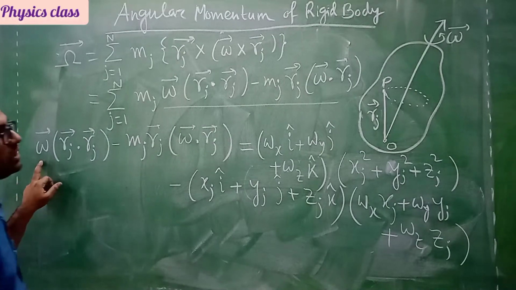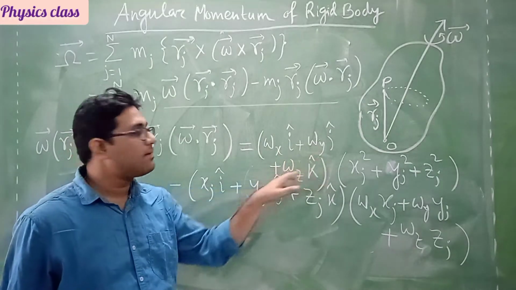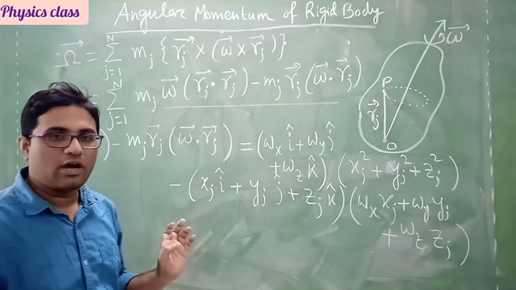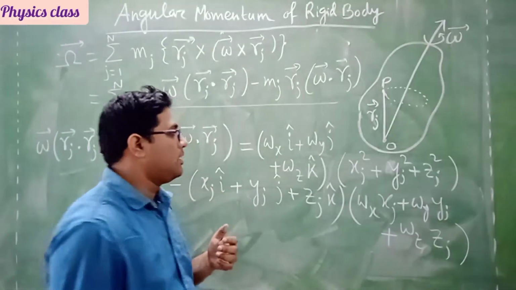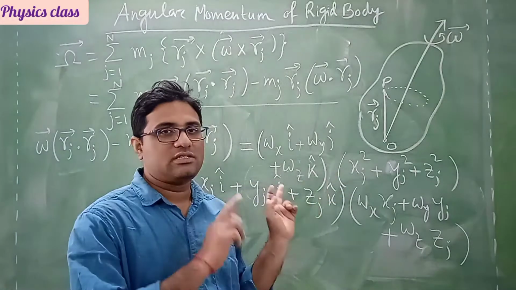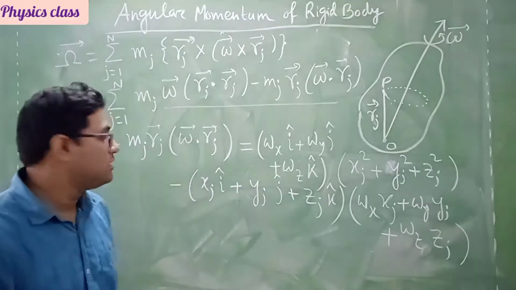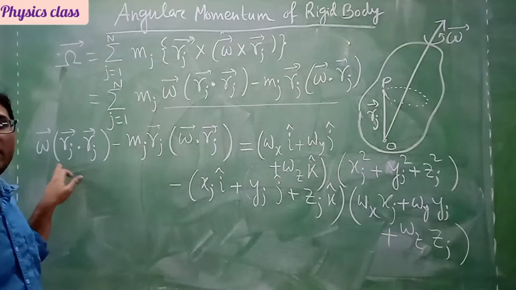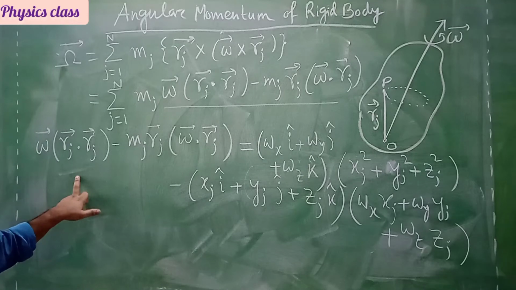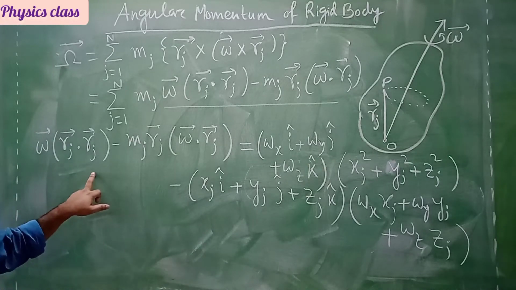Here omega is basically omega x i cap plus omega y j cap plus omega z k cap in terms of vector. Now Rj dot Rj, that is xj square plus yj square plus zj square, right? Because Rj we can write xj i cap plus yj j cap plus zj k cap.